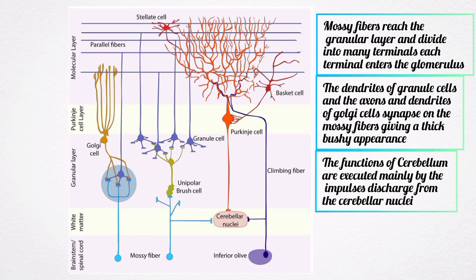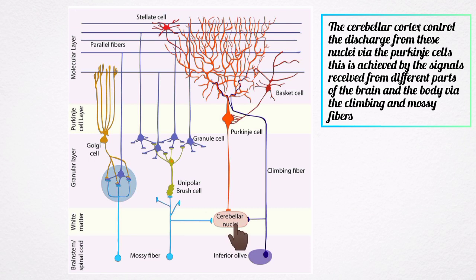The functions of the cerebellum are executed mainly by the impulses that are discharged from the cerebellar nuclei. However, the cerebellar cortex controls the discharge from these nuclei via the fibers of the Purkinje cells. It is usually achieved by the signals received by the cerebellar cortex from different parts of the brain and the body via the climbing and mossy fibers.